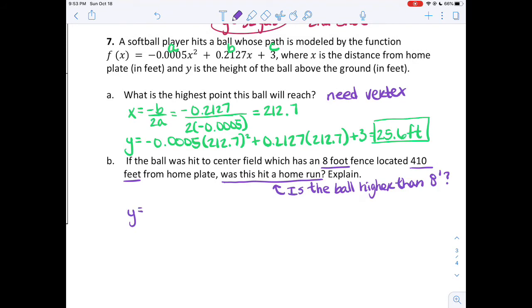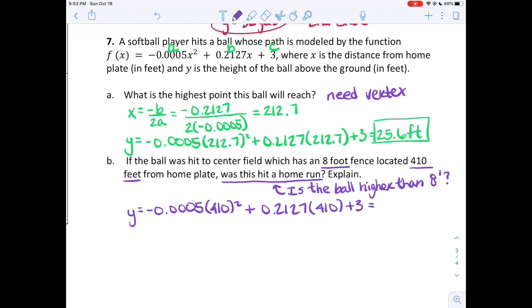Plugging 410 feet into our equation everywhere that we see x, we have negative 0.0005 times 410 squared plus 0.2127 times 410, and finally plus 3.